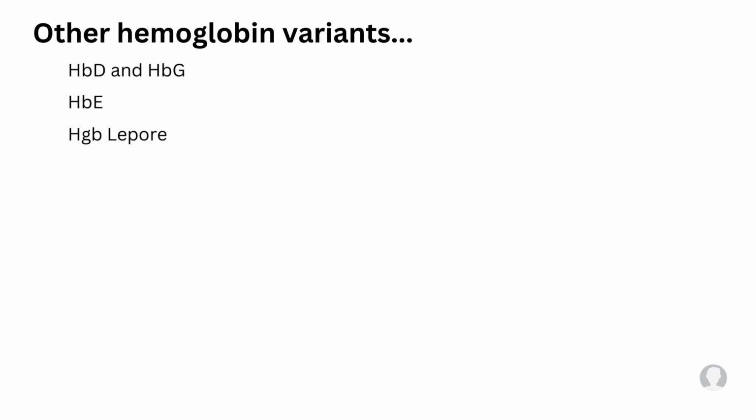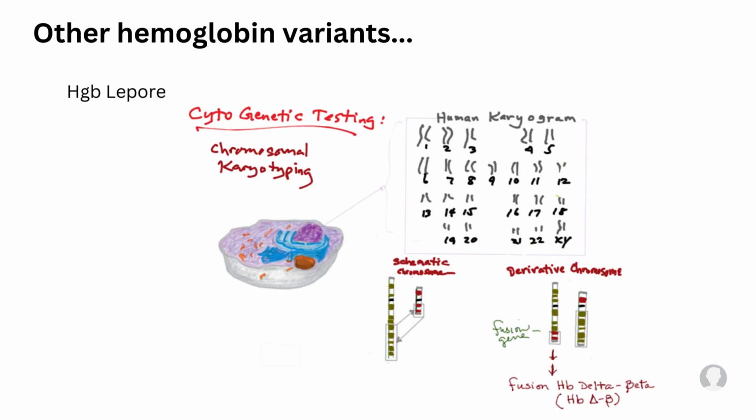So a reminder, note that the hemoglobin D and G travel with hemoglobin S in hemoglobin electrophoresis using basic pH 8.4 gel, but they can be separated using acidic pH 6.0 gel. And hemoglobin E is prevalent in Southeast Asia. And just to mention hemoglobin Lepore, as it is mentioned in our ASCP study guide, it is a fusion gene during crossover linkage in meiosis that causes a fusion delta beta hemoglobin chain that is usually asymptomatic.